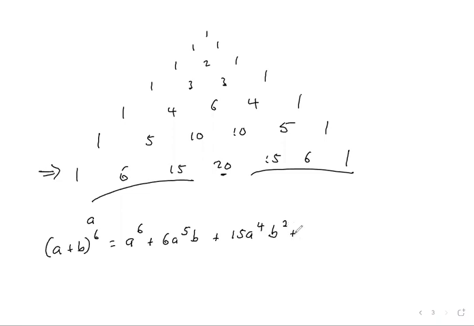So B is picking 20A power 3, B power 3, 15A power 2, B power 4 plus 6A power 1, B power 5 plus B power 6. So the powers of B are increasing as the powers of A are decreasing.